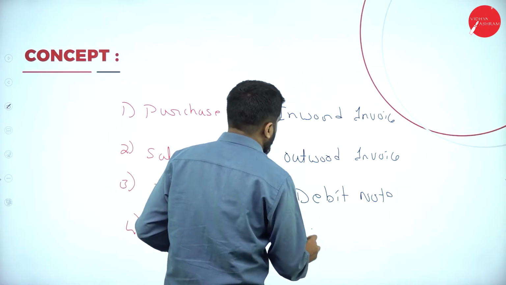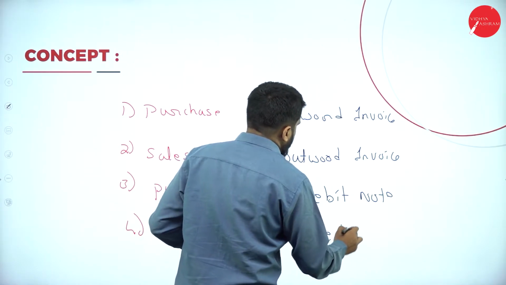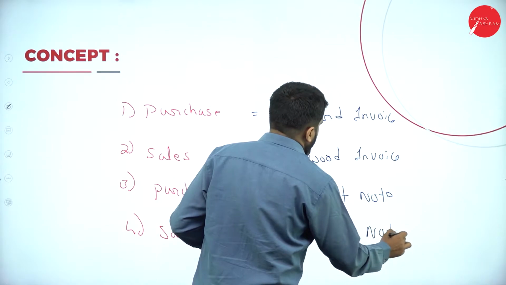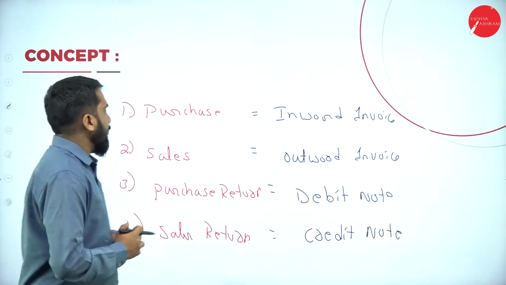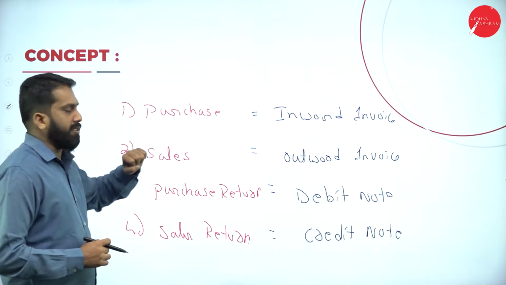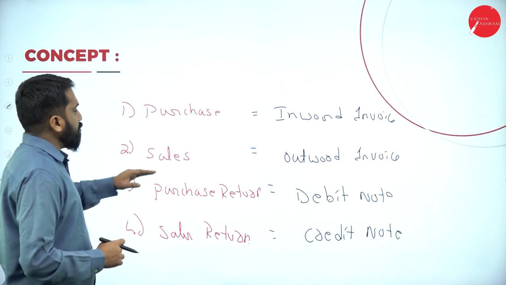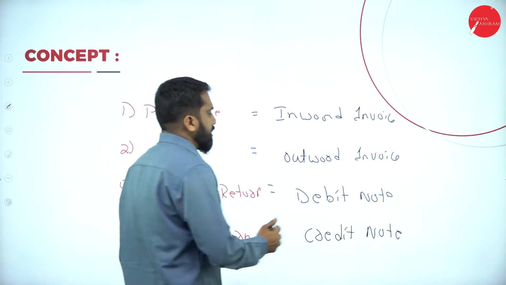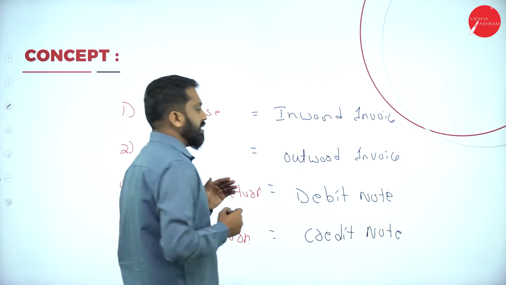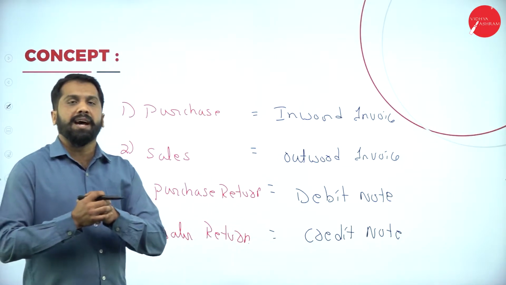For sales return, we call it credit note. So these are the informations we know: for purchase, inward invoice; for sales, outward invoice; purchase return, it is debit note; and sales return, it is credit note.